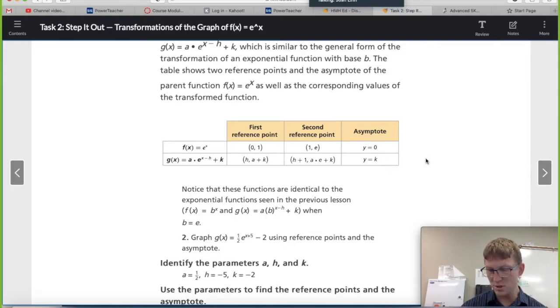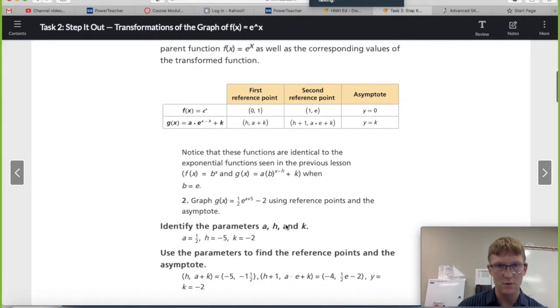I'm sure you all heard me griping a little bit on the last homework assignment. This is a times e plus k as opposed to e plus k over a, which wasn't wrong, I don't think, but it was confusing in the last lesson. So this one, I think, should be fine.